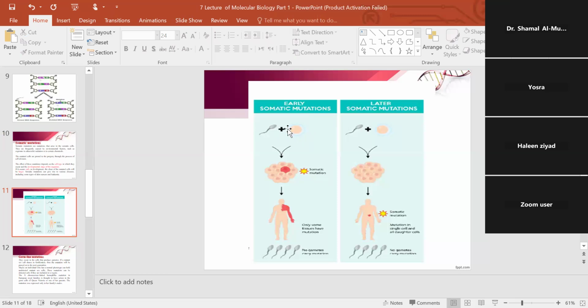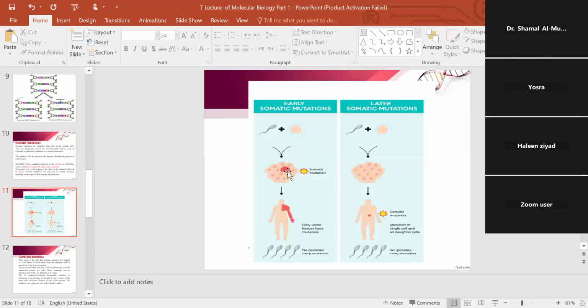Here the change in the DNA or in the protein happens. It starts with the zygote and then divides into a lot of cells, then becomes the whole human.